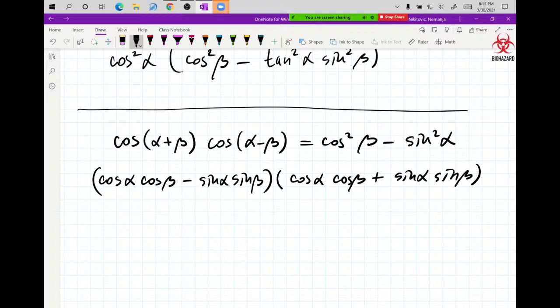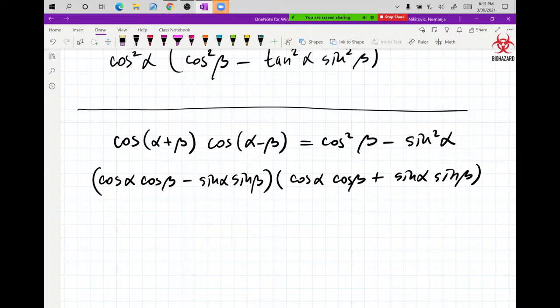And then if we do a minus b times a plus b, because that's what we have, it would be a squared minus b squared.